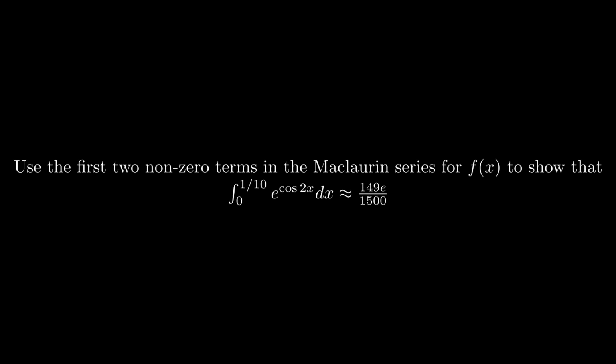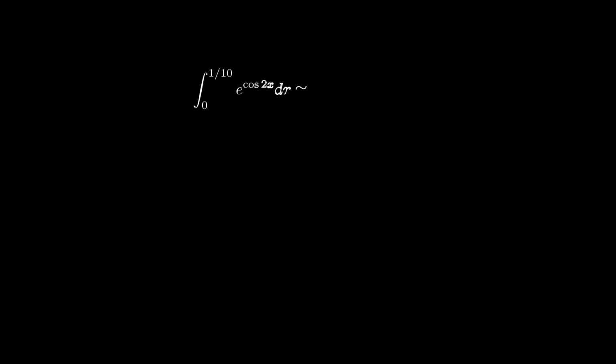For part E, we're being asked to use the first two non-zero terms in the Maclaurin series to show that if we integrate our original function between the limits 0 and 1/10, this is approximately equal to 149e all over 1500. To do this is quite straightforward.